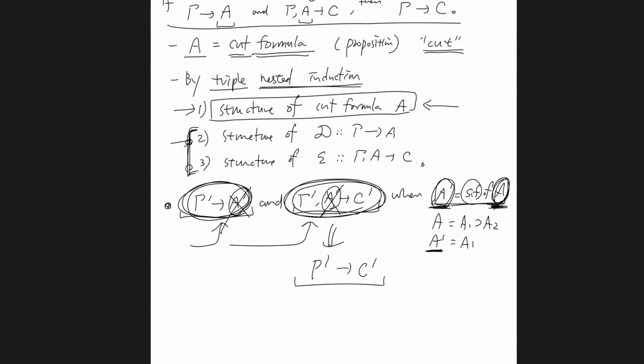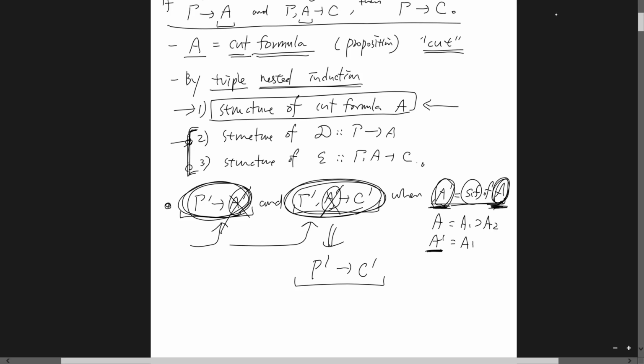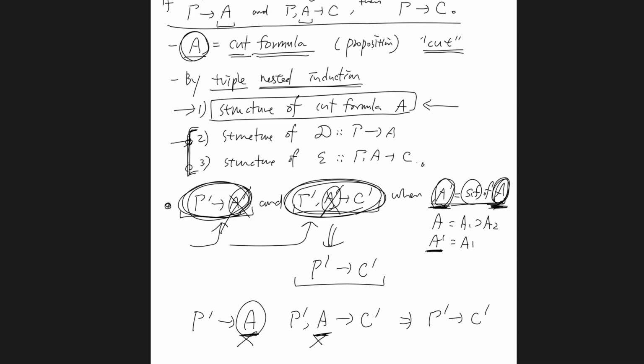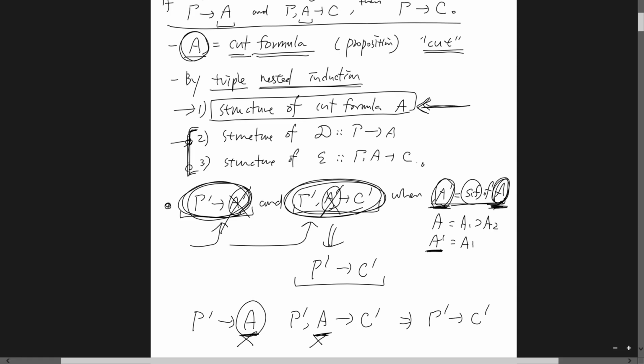So for example, we might have something like gamma prime right arrow A and gamma prime A arrow C prime. So this time we'd like to cut away this one and produce a new sequent gamma prime arrow C prime. But this time, this cut formula is the same as this one and this one. The two cut formulas are the same. So you cannot apply induction for the first case.